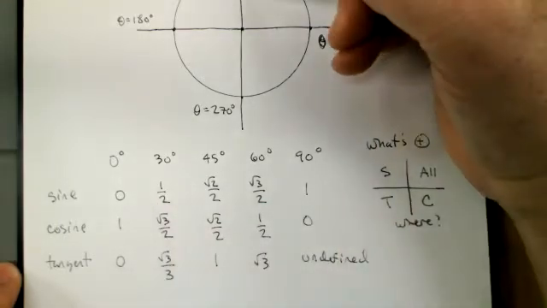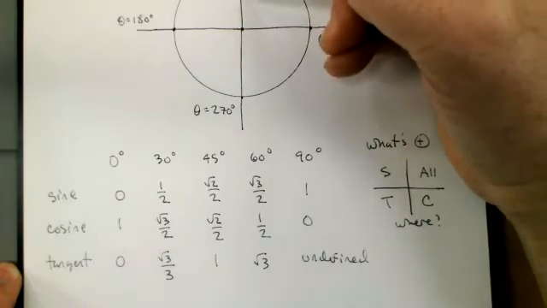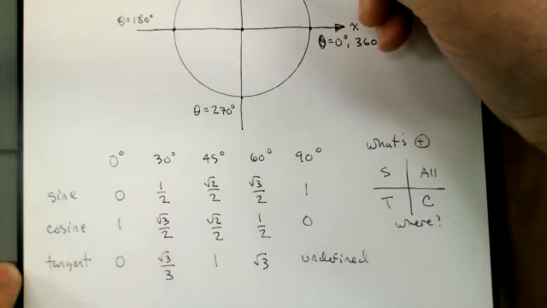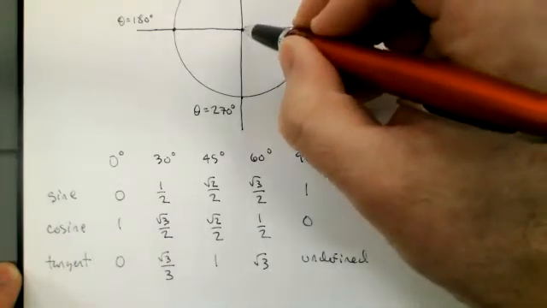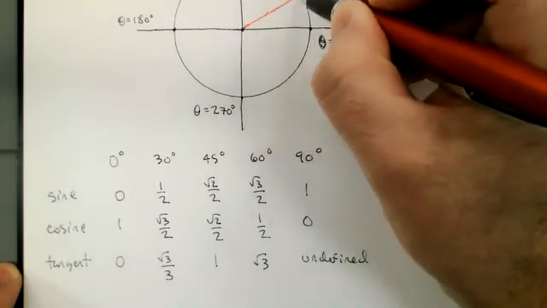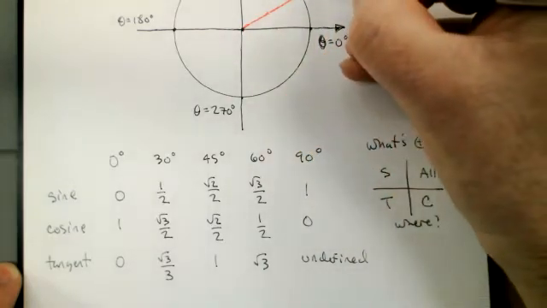So if this is 1, then half of that is a half. And just go straight over. And there's the 30-degree angle.